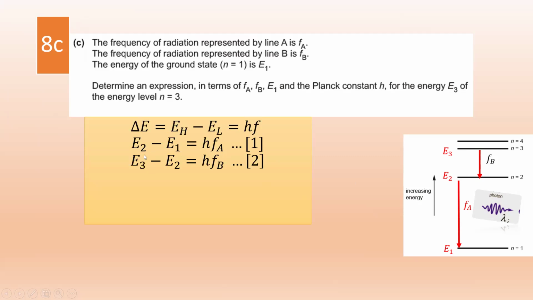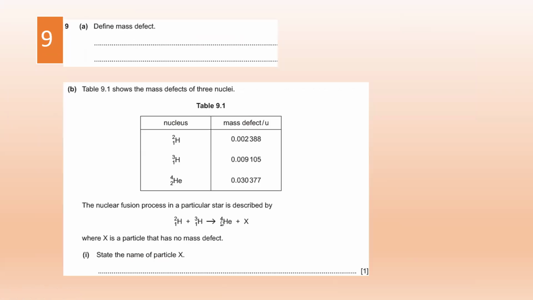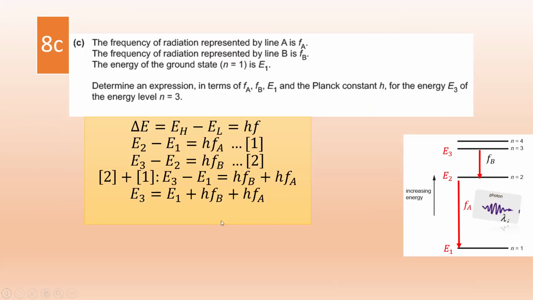And you add the two equations together. Right, eliminate E2, so that E3 minus E1 equals HFA plus HFB. Then take this one across there, there's the answer. Okay. Any comment? Okay.